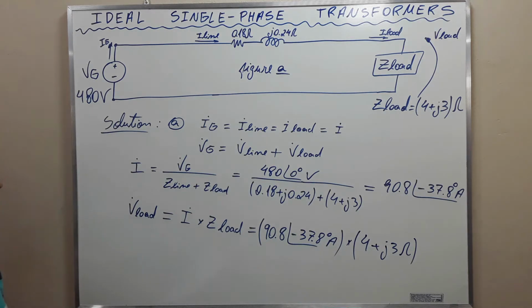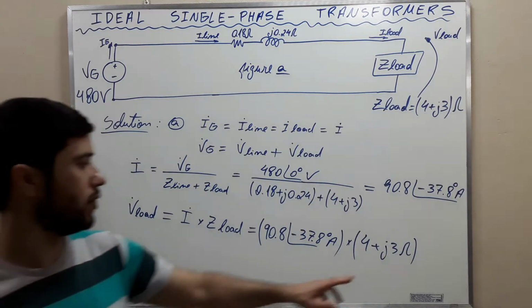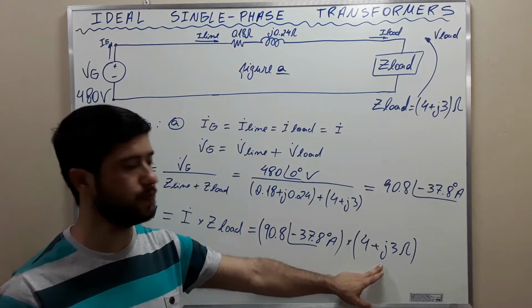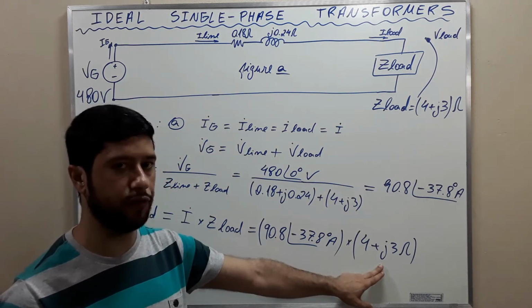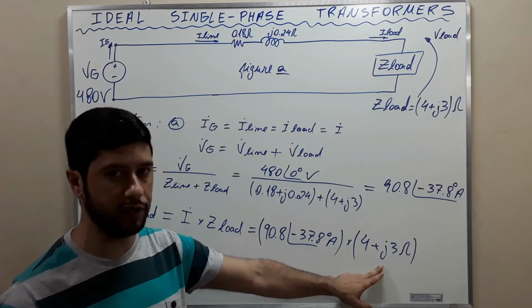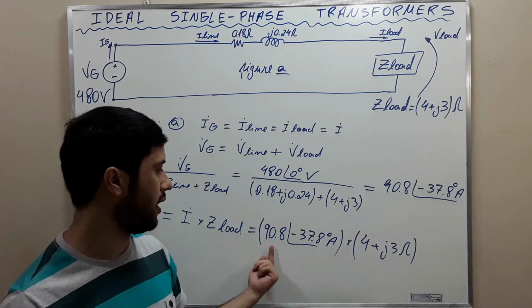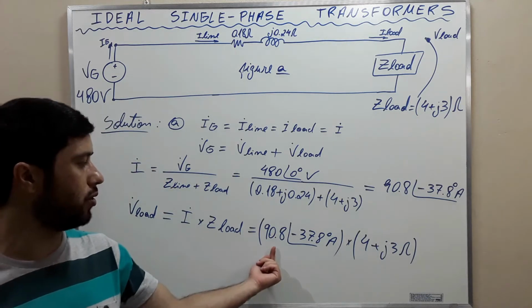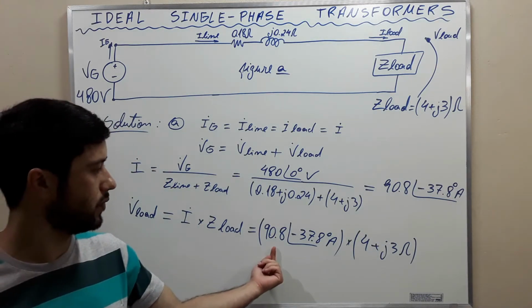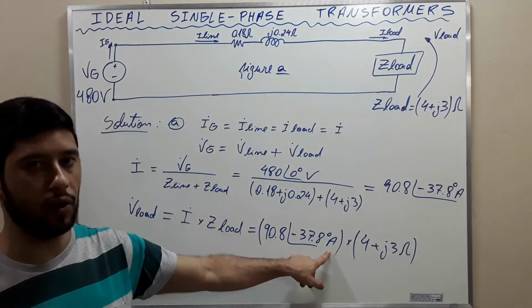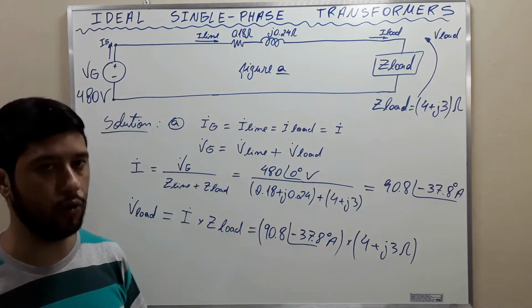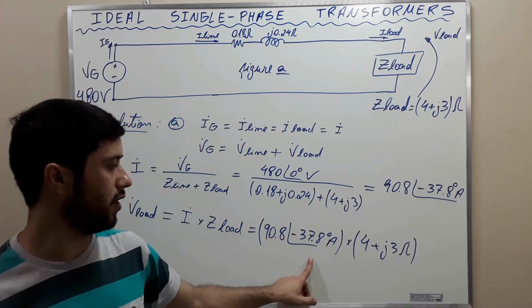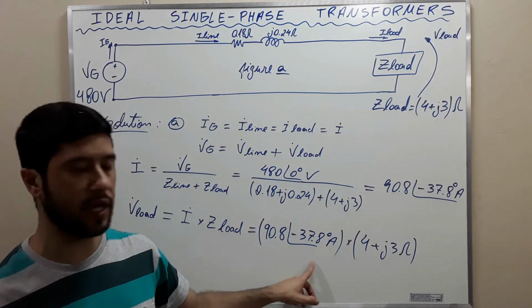Again, you are going to use your calculator. I am going to give you a clue. Convert this number from the Cartesian form to the polar form first, and then multiply with this. You multiply the absolute values, and then you sum the angles. Okay, this is how we conduct this algebraic multiplication.